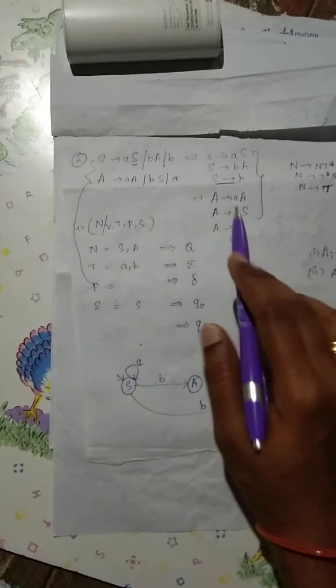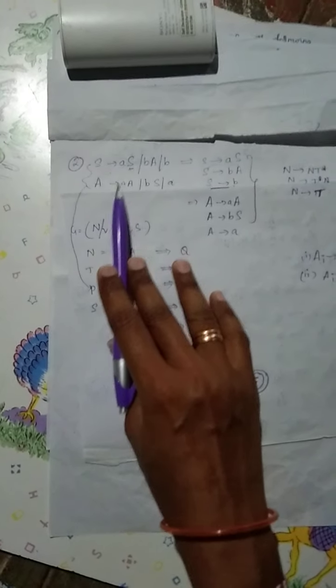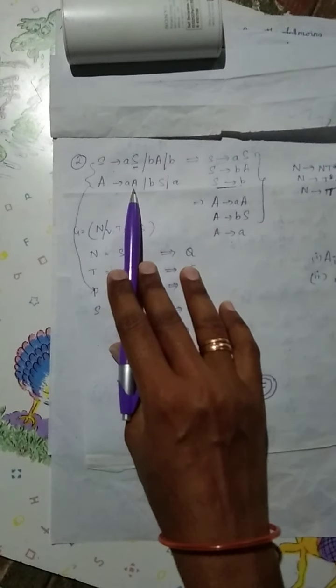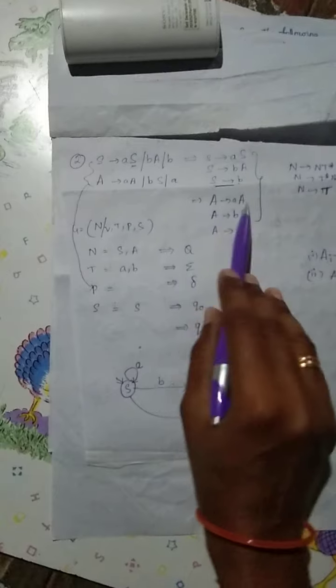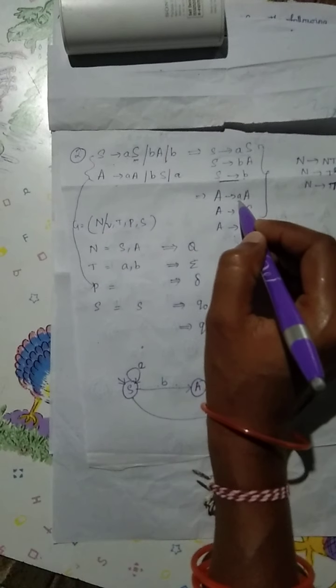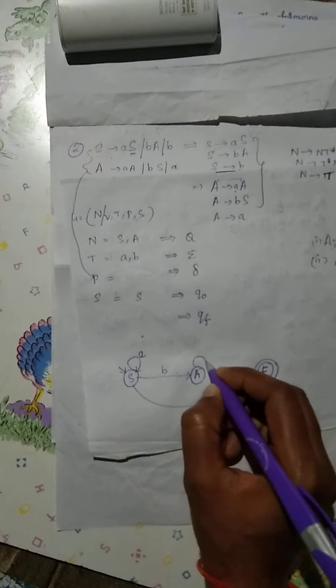Okay, next. These are the productions and transitions for the S non-terminal. Now come to the second one. A tends to aA means we have to take an a transition between A and A only, so a loop here. Next, A tends to bS.